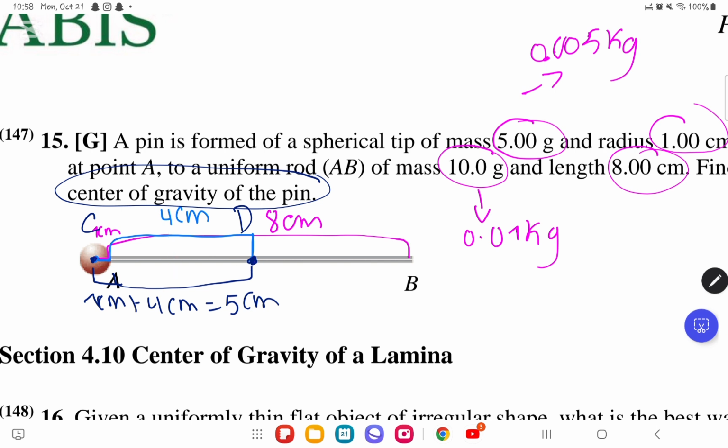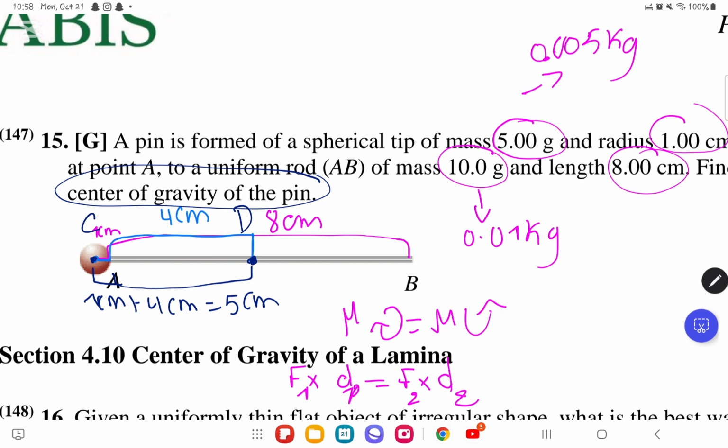So I'm gonna give you guys a rule, okay? You know that the moment of the clockwise is equal to the moment of the counterclockwise. The moment is force times distance. So force 1 times distance 1 is equal to force 2 times distance 2.